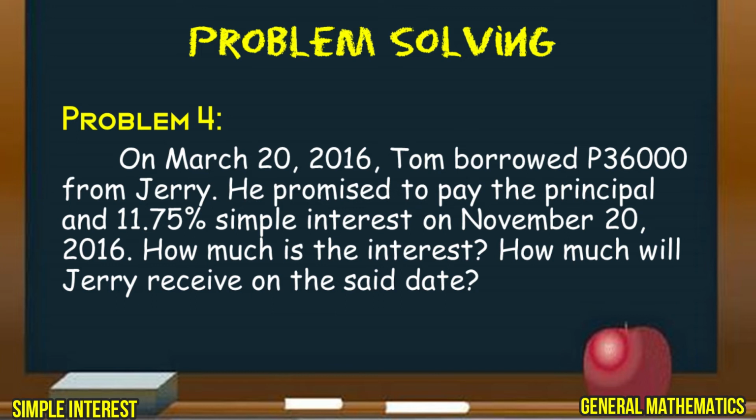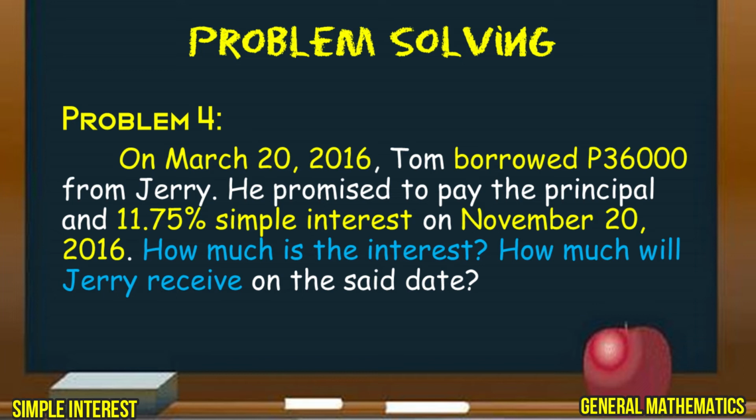So these are the needed information. On March 20, 2016 to November 20, 2016, that is approximately 8 months, borrowed 36,000 and 11.75% simple interest, and the questions are, how much is the interest and how much will Jerry receive on the said date?